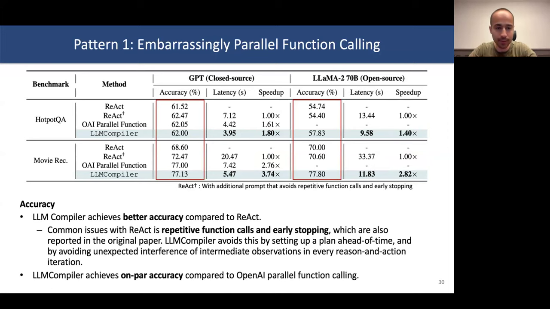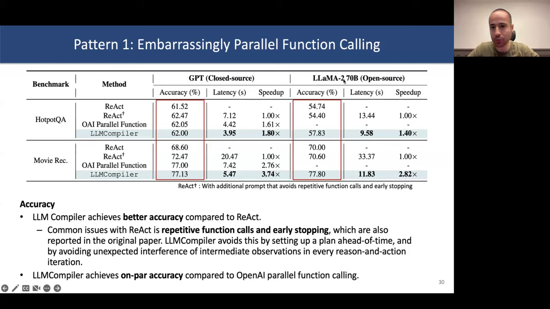But when we're taking this modular approach, you have to basically complete all of those steps, get all of those observations, and then provide all of them at the same time to the LLM, which resolves that problem. And so you can see that both for movie recommendation and HotpotQA, our approach gets significantly better results than ReAct, and with, of course, much better latency.